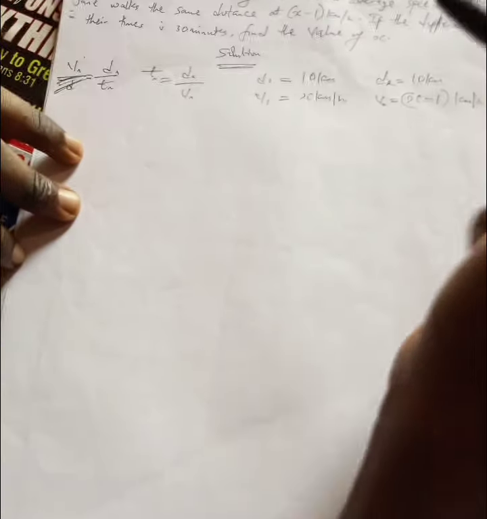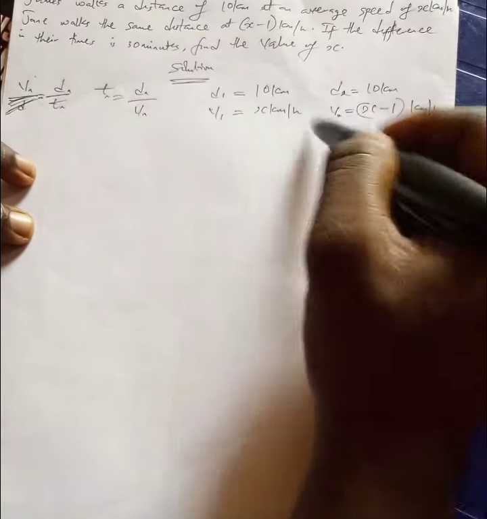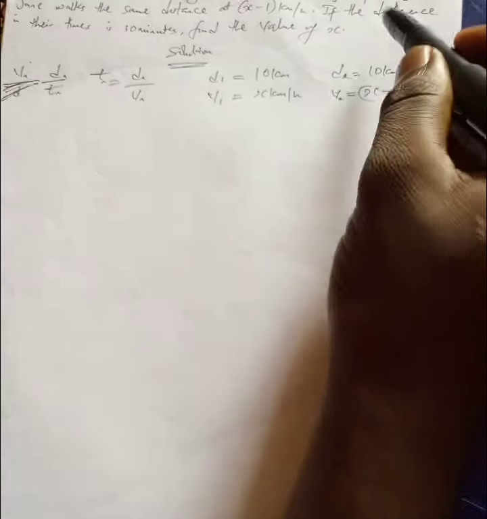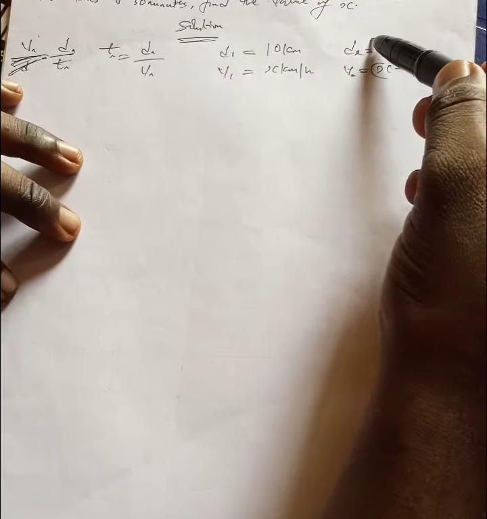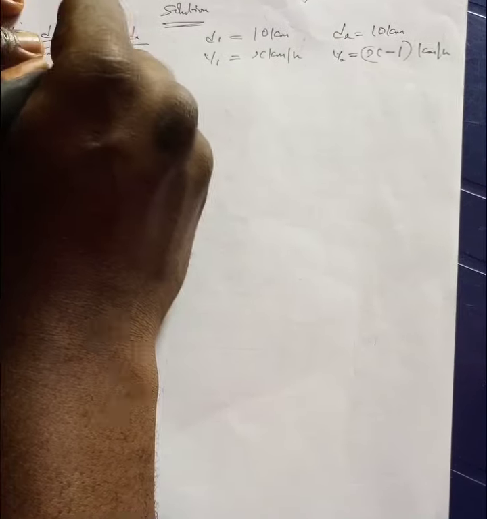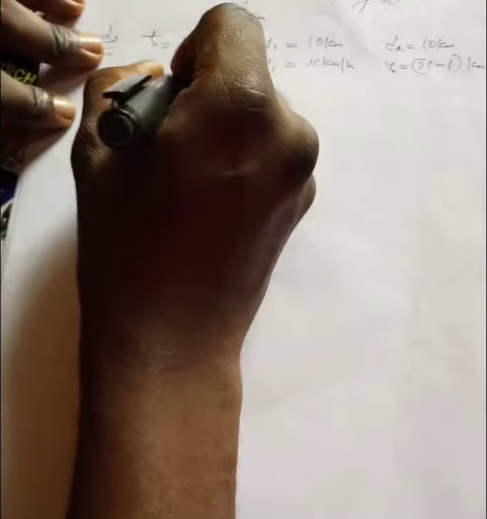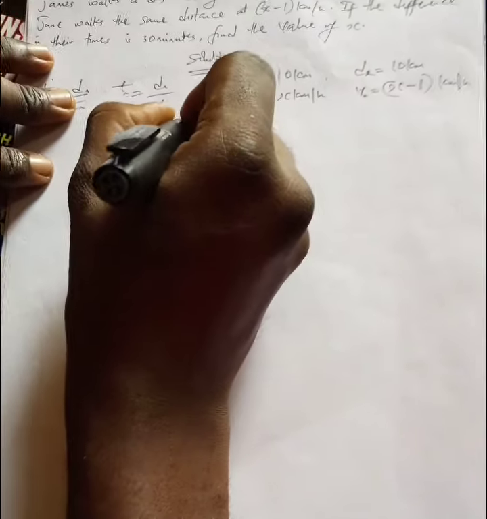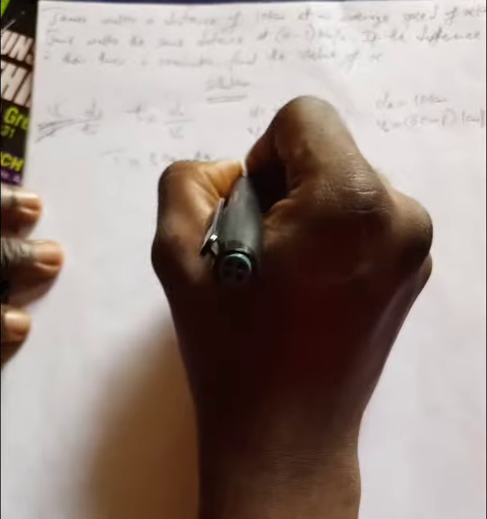From this basic concept, we see that this will take the longer time. So if I am doing my difference, I will say this time minus this should give me 30 minutes, which is the same thing as half an hour.